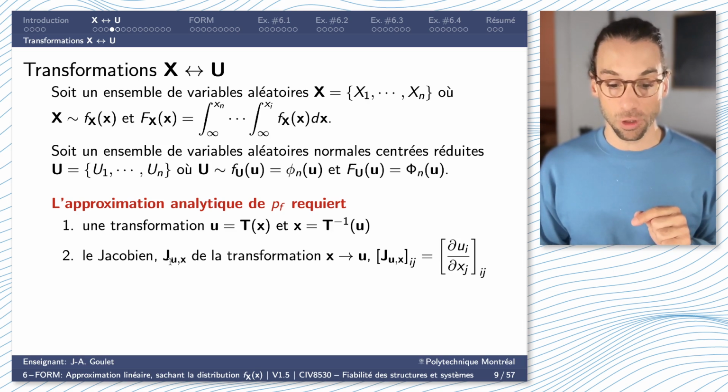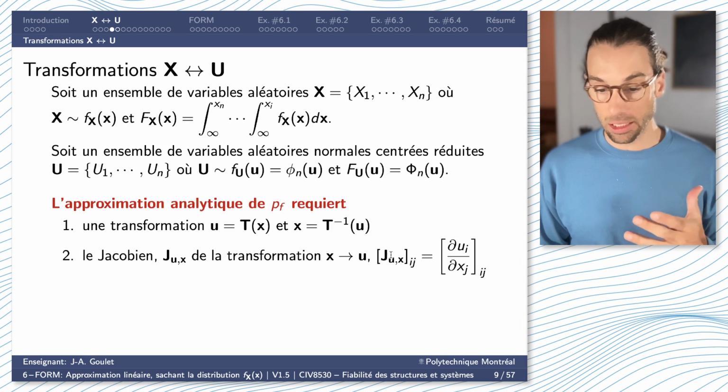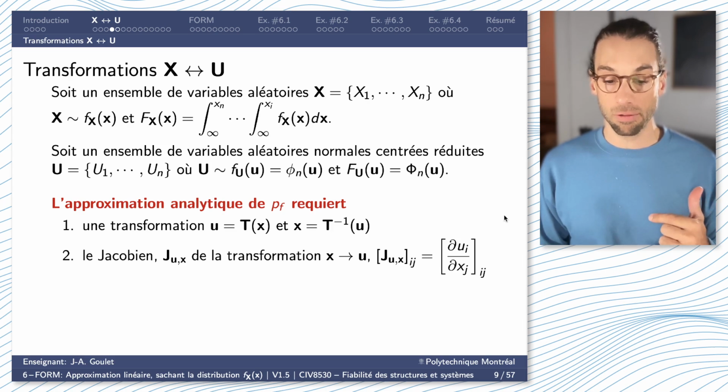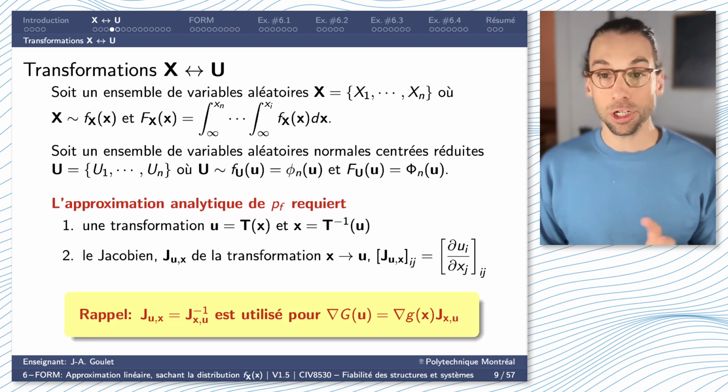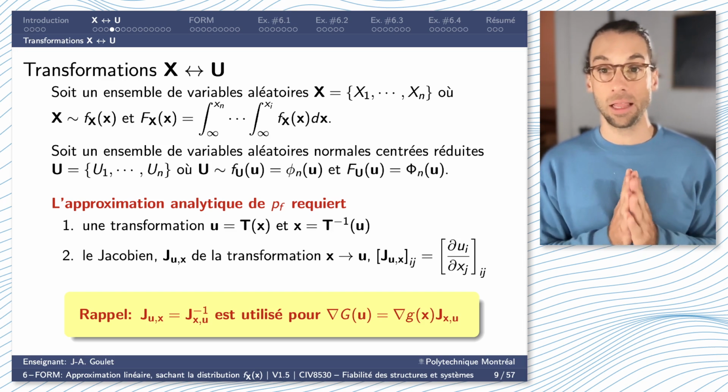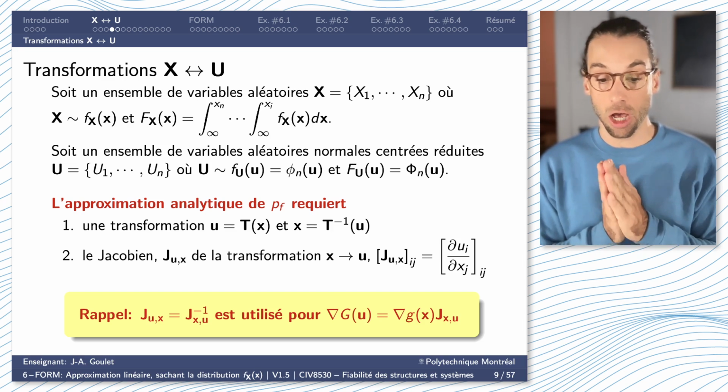So J of u,x represents the partial derivative of the transformation u with respect to the input x. That means J of u,x at ij is the partial derivative of ui, the output, with respect to xj, the input.